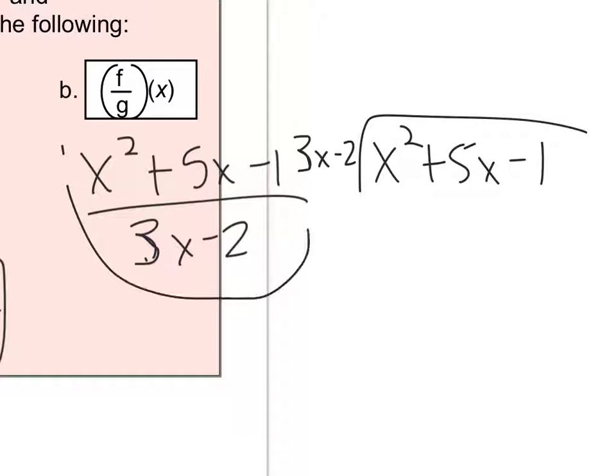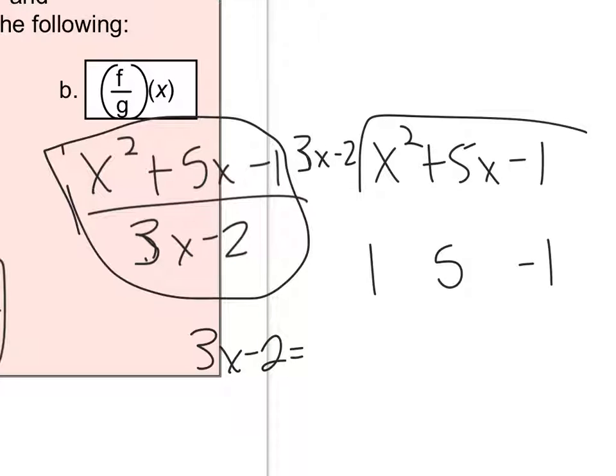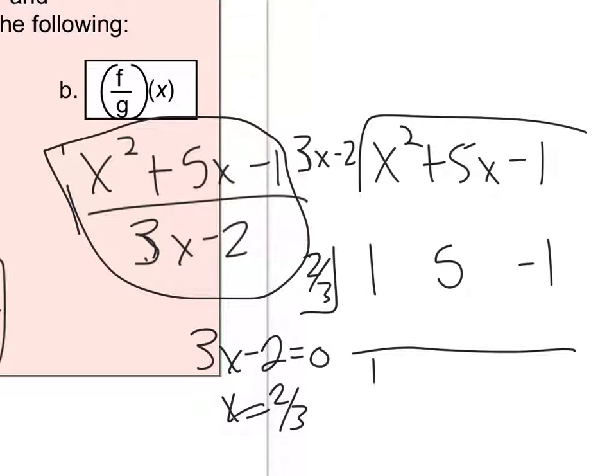If you left it like that, it wouldn't be terrible, but you should try and simplify it. It might actually be easier to go synthetic. So if I go synthetic, I'll go 1, 5, negative 1. Set 3x minus 2 equal to 0, so x would equal 2/3. So 1 times 2/3 would be here. Add it, so that would be 5 2/3.